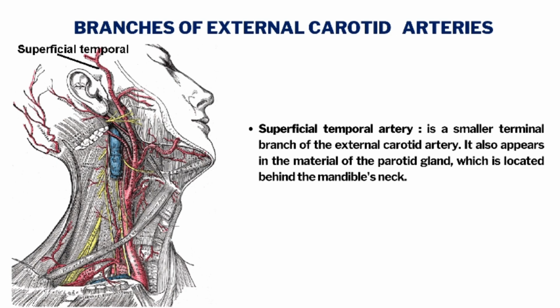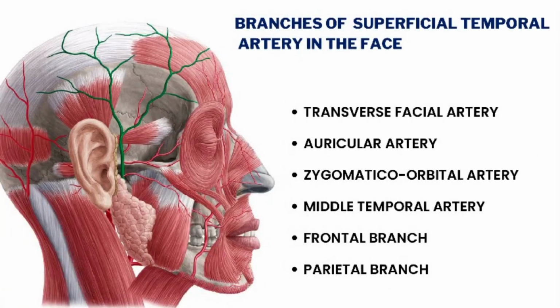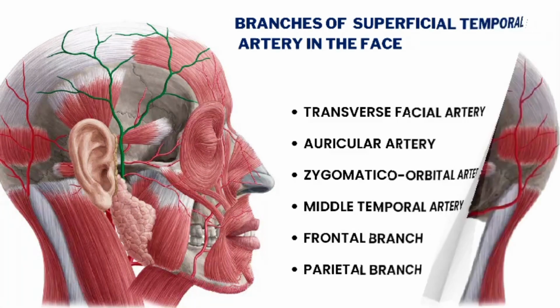The superficial temporal artery supplies the skin and the muscles at the side of the face and in the scalp, the parotid gland, and the temporomandibular joint. The main branches of the superficial temporal artery are the transverse facial, auricular, zygomatico-orbital, middle temporal, frontal, and parietal arteries.